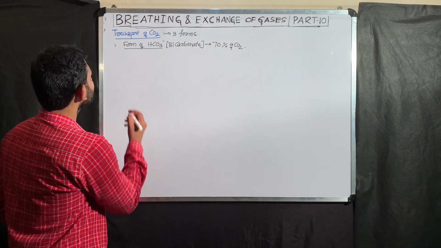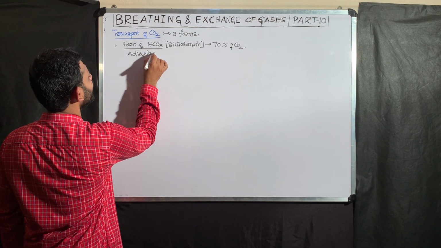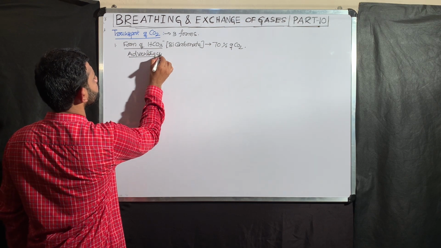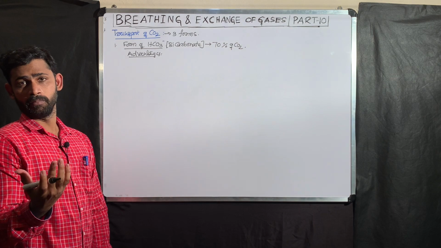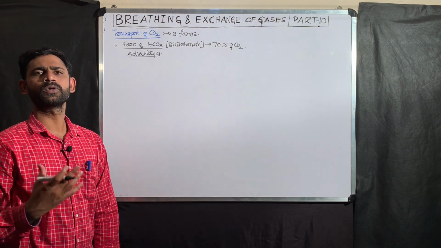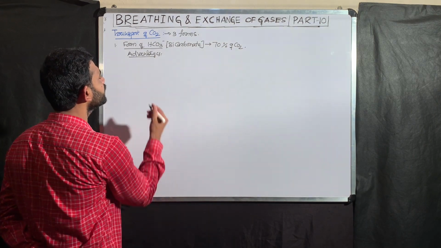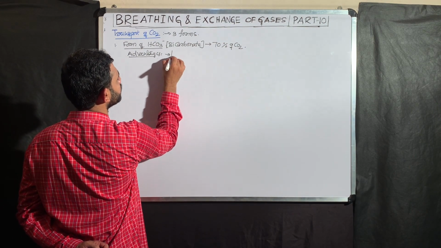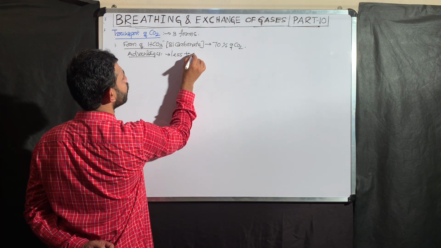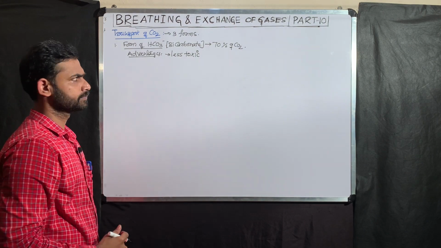What are the advantages? Why is the maximum amount of carbon dioxide transported in the form of bicarbonate? First, compared with carbon dioxide, bicarbonate is less toxic, because carbon dioxide is comparatively toxic.